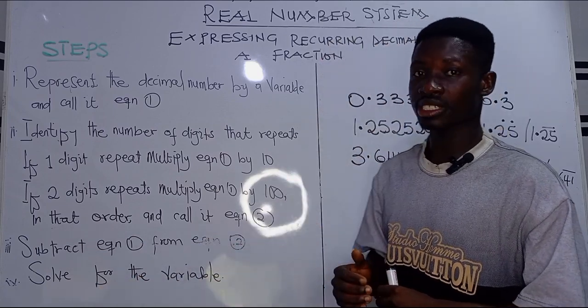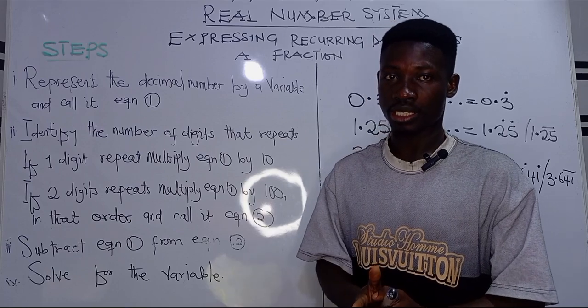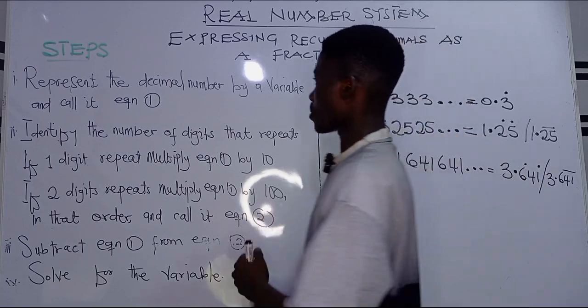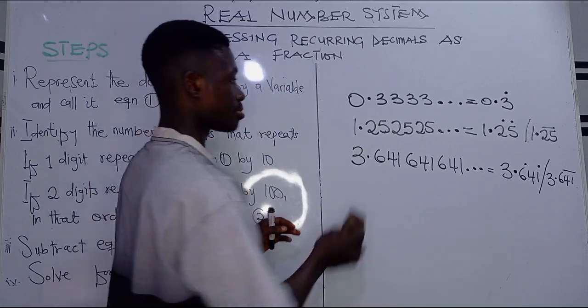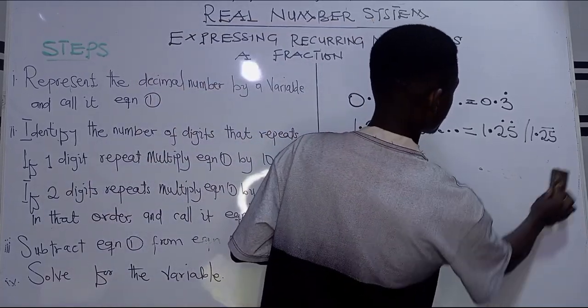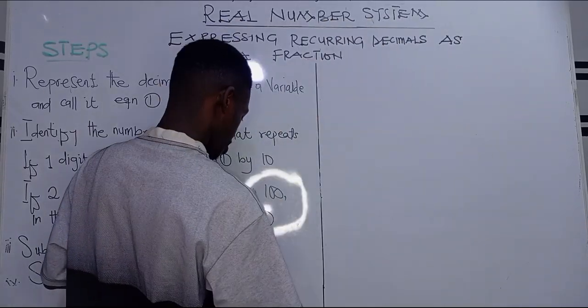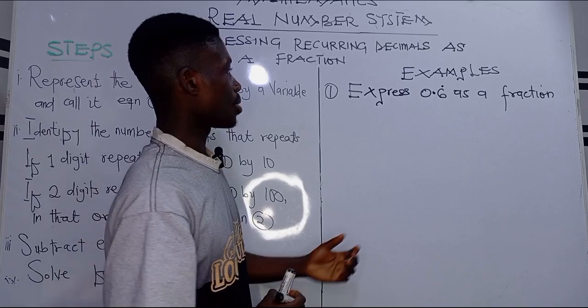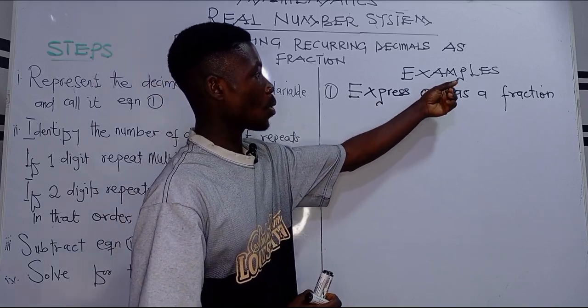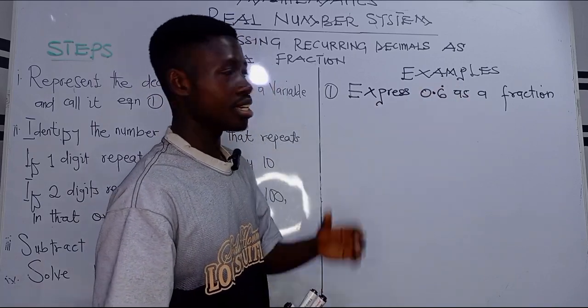Let's take our first example and see how best we can express a recurring decimal as a common fraction. We have to express 0.6 dot as a fraction.